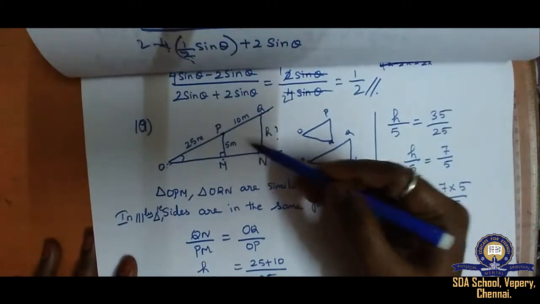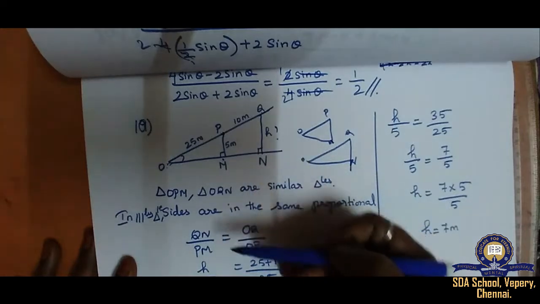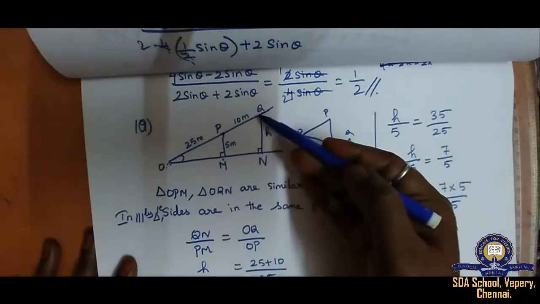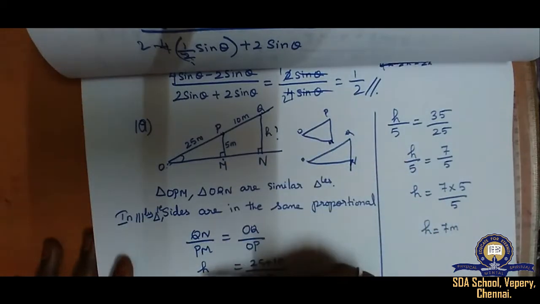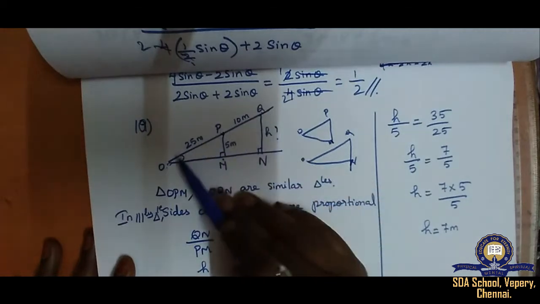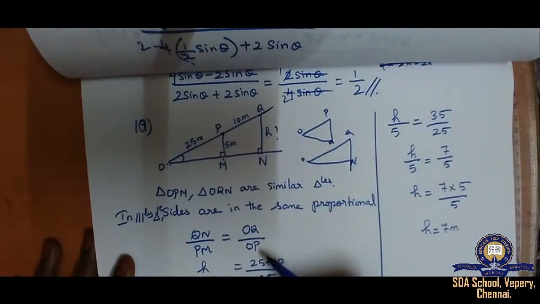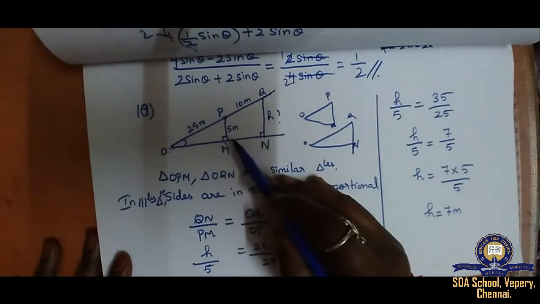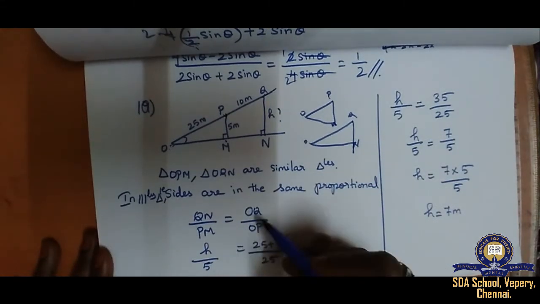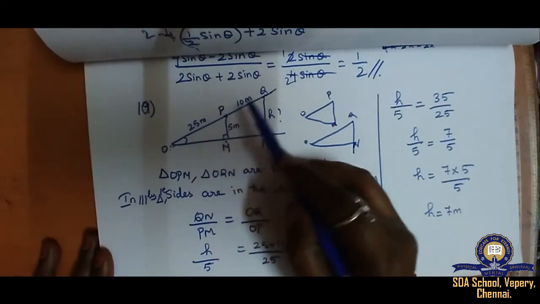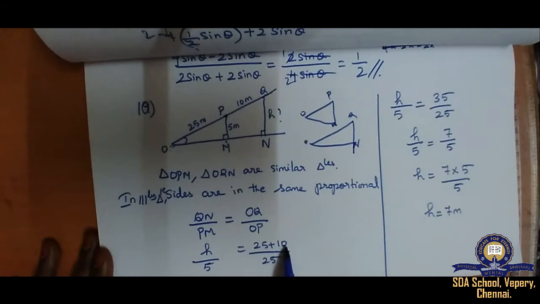So this side and this side are in proportion. QN divided by PM is equal to OQ divided by OP. Instead of QN I can write H, instead of PM I can write 5, equal to, instead of OQ, we have 25 meter plus 10 meter, divided by 25, that is OP.